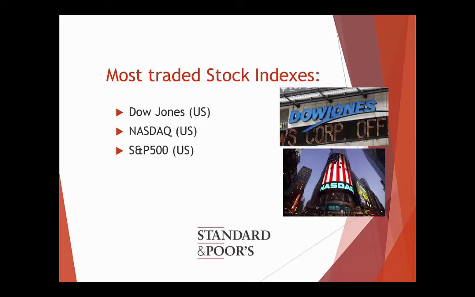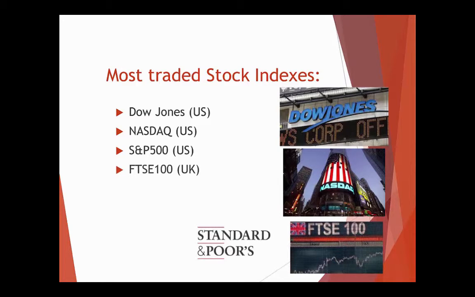The next one is the FTSE, which stands for the Financial Times Stock Exchange. This is a company that specializes in index calculation. So it's very similar to Standard & Poor's, but it's based in the United Kingdom, on the London Stock Exchange.